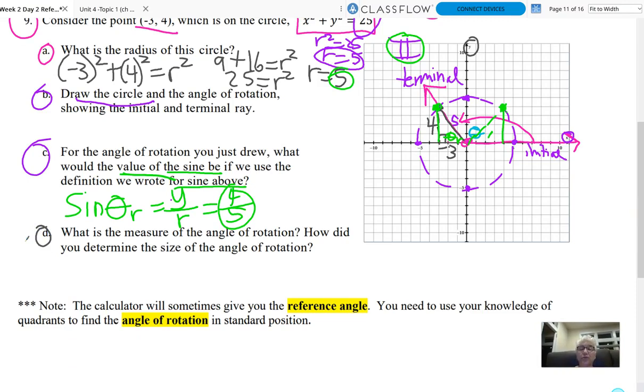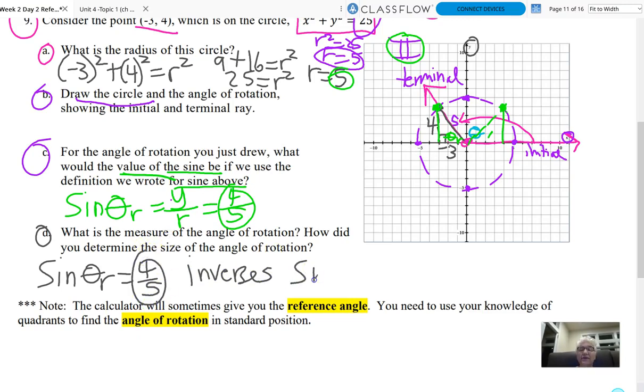How do you determine the size of the angle of rotation? I already know that sine of the reference angle is 4/5. And I taught you using inverses that to find an angle when I'm given a ratio, you use inverse sine.